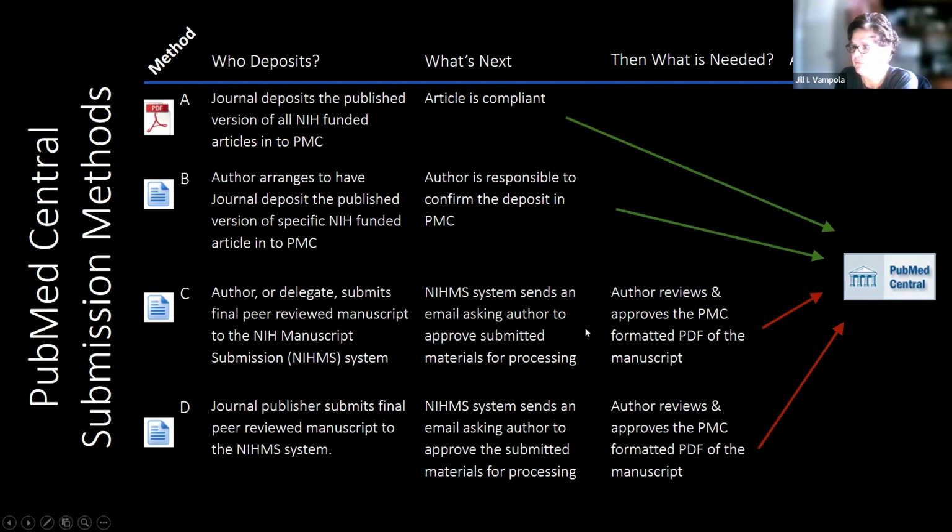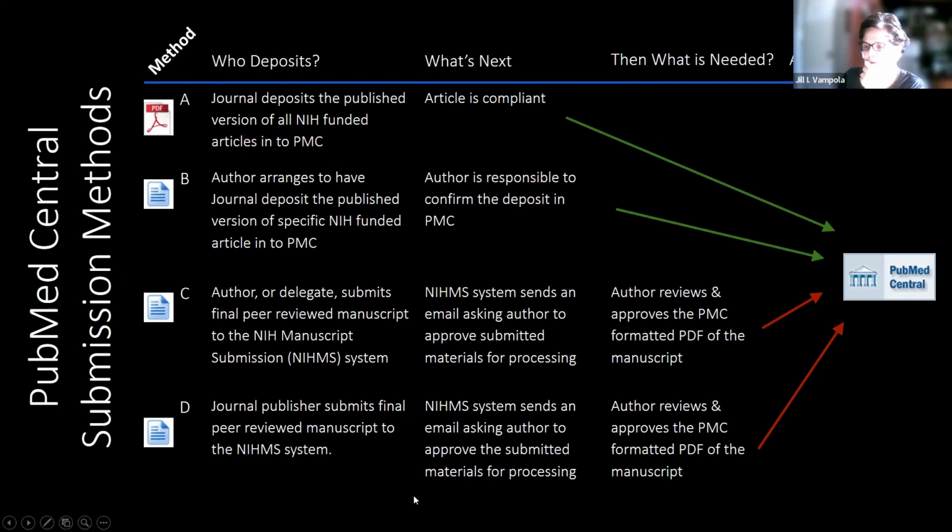You may not be familiar with the main author, or the person that submitted it into NIMS, so you have to track this person down and make sure they review the formatted PDF, and then the manuscript gets approved and submitted to PMC.